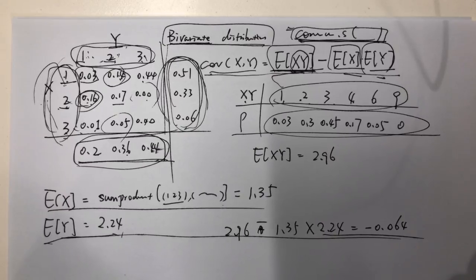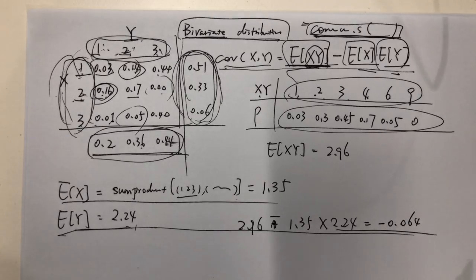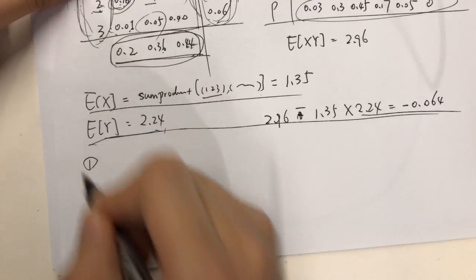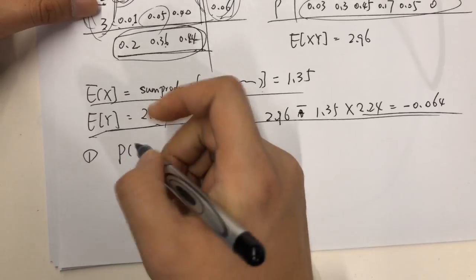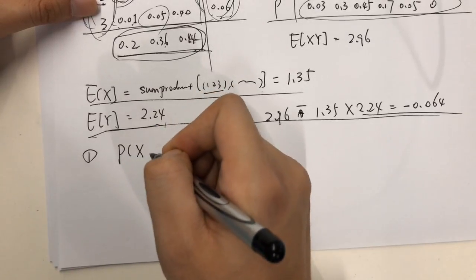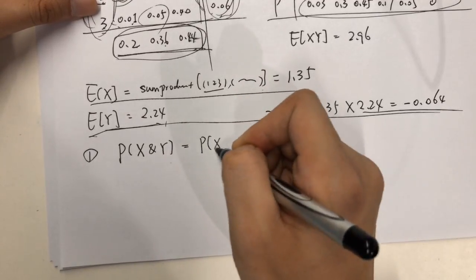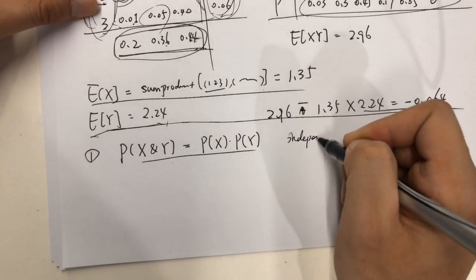Daiwen Wei is asking, how many ways are there for us to test the independency of 2 events? Well, if you still remember, there are 2 ways to test independent events, right? The first one is that if the probability of, for example, x and y equals the probability of x times the probability of y, then they are independent.